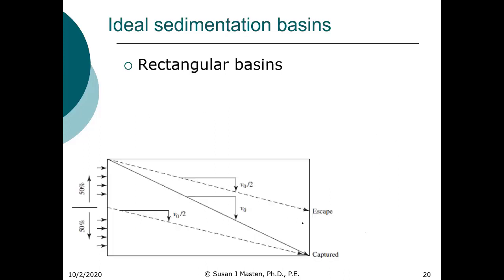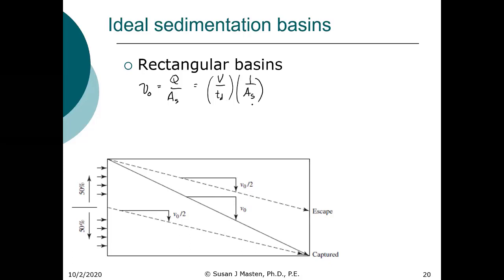So the overflow rate is equal to your flow rate divided by the surface area. Q is just volume divided by the detention time, times 1 over the surface area. Volume is equal to the height times the length times the width of your basin, again divided by the detention time.